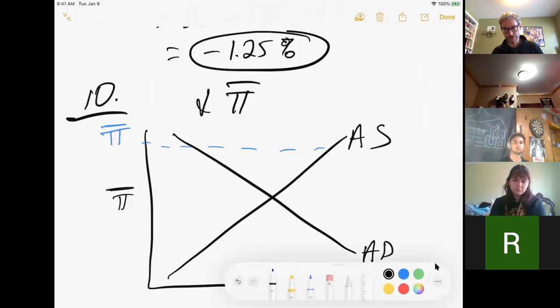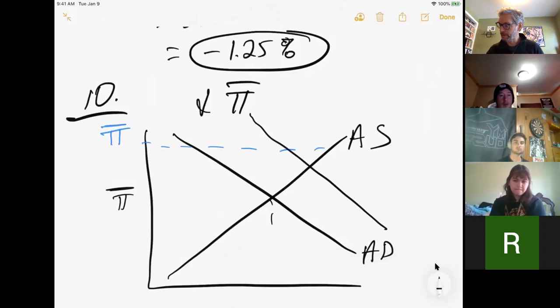It should cut interest rates, loosening monetary policy. That shifts aggregate demand. But notice, very importantly, and this is probably the main thing I was looking for in this answer, we don't go all the way up to the new target in the first period.